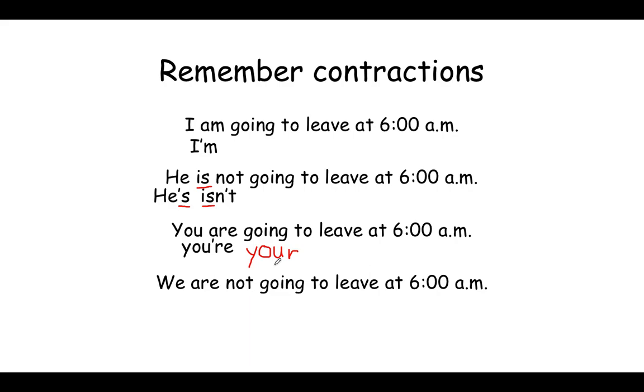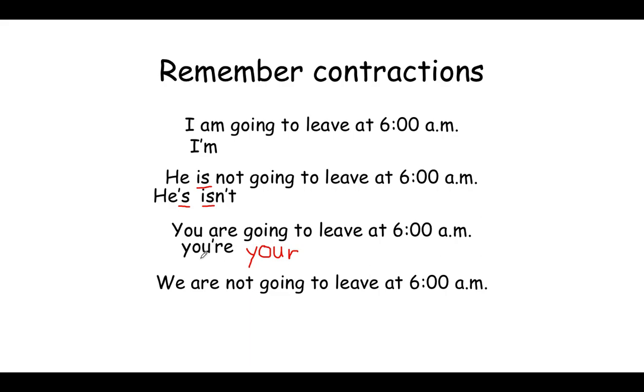It means that whoever you is, they own it. So if I said your bike, I mean Y-O-U-R, because it's your bike, you own it. If I said you are going to leave at 6 a.m., I'm meaning you are going to leave at 6 a.m., not you own going to leaving at 6 a.m. That doesn't work.